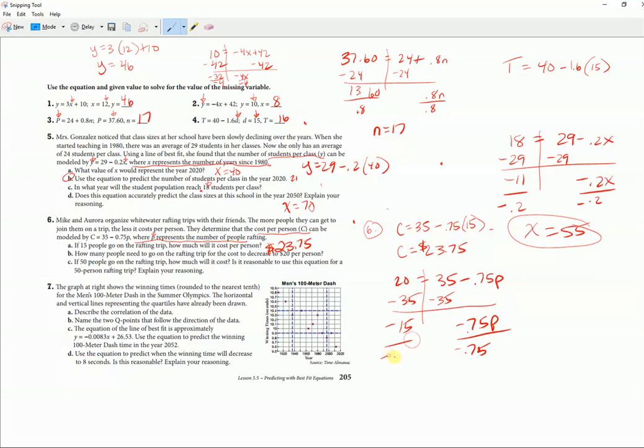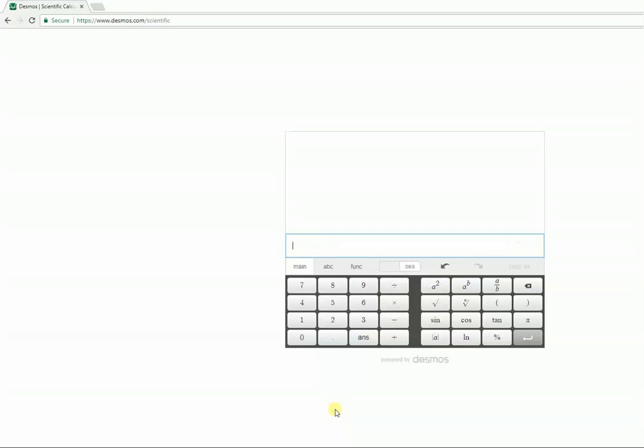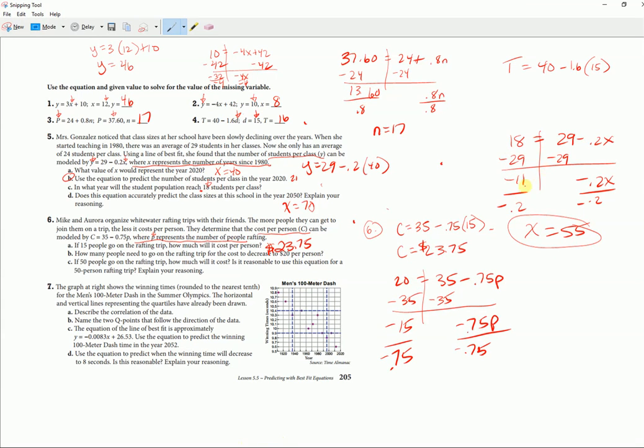In my calculator, I'm taking 15 divided by 0.75. I dropped the negative sign because I know the answer is going to be positive, and it looks like 20 people need to go. So we need P to equal 20, and then it will be the same price.